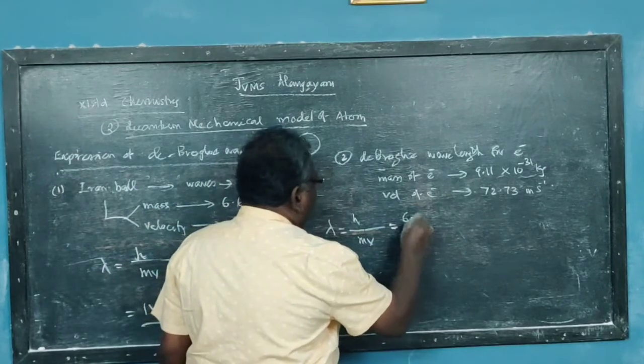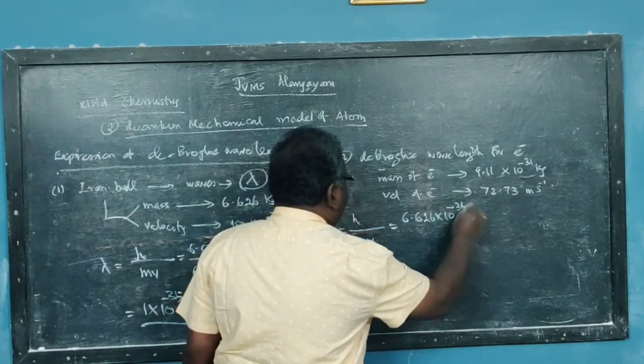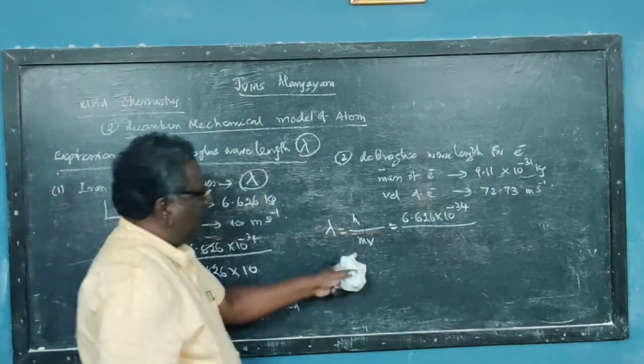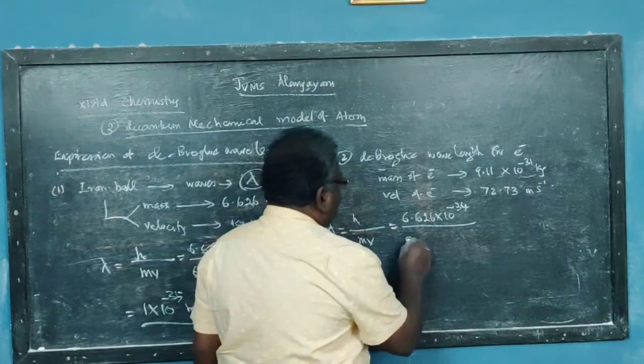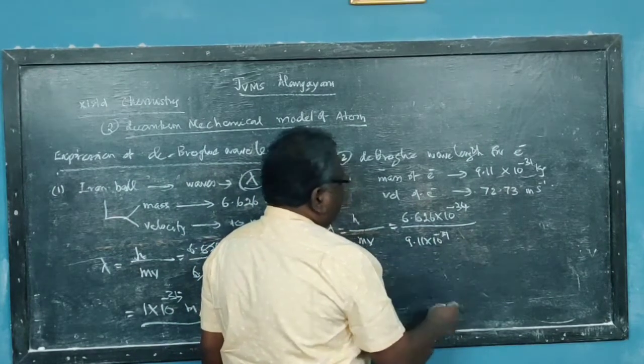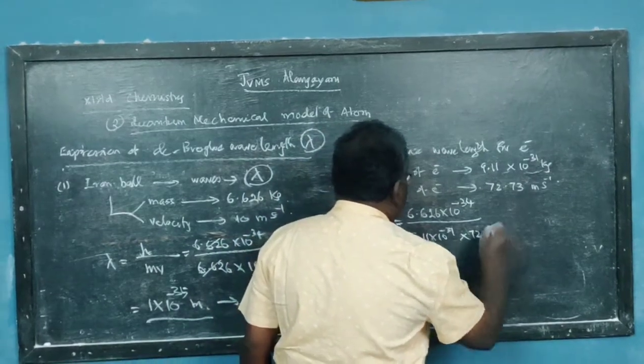Planck constant will be in all books. If you take the data table, they will have given it in the last page. Right? It is 6.626 into 10 power minus 34. Mass is 9.11 into 10 power minus 31 and into 72.73. Right?